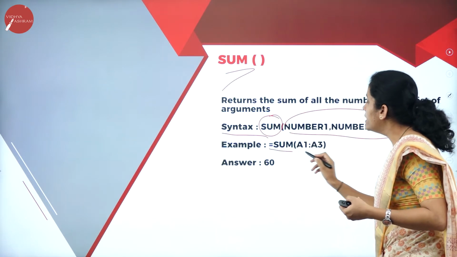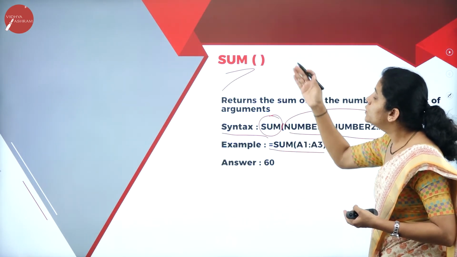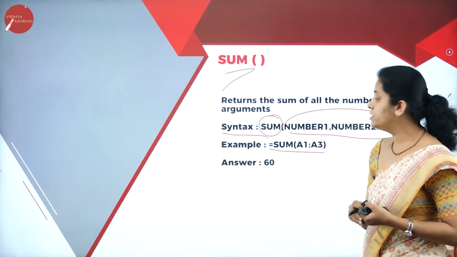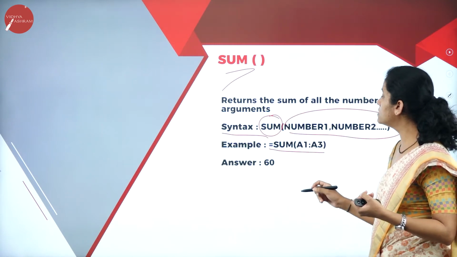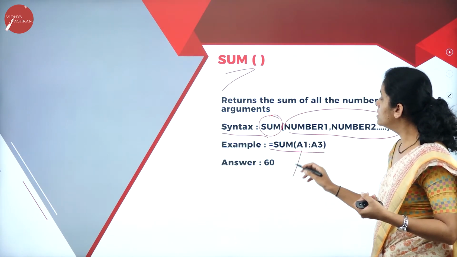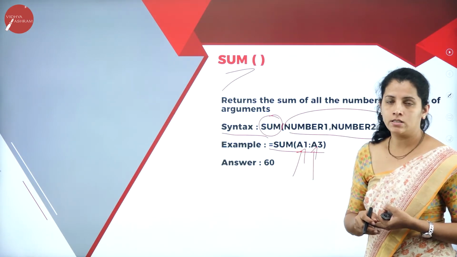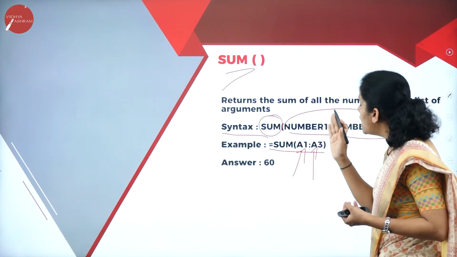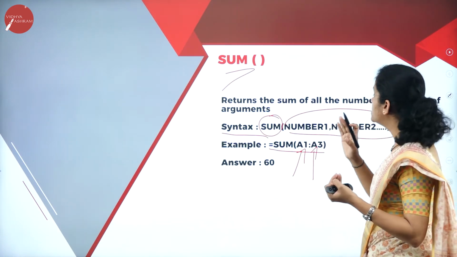And this is the example used to illustrate the use of the sum function. The function name is sum, and I'm going to pass the values. These are my cell addresses, so it starts adding from cell 1 to cell 3.